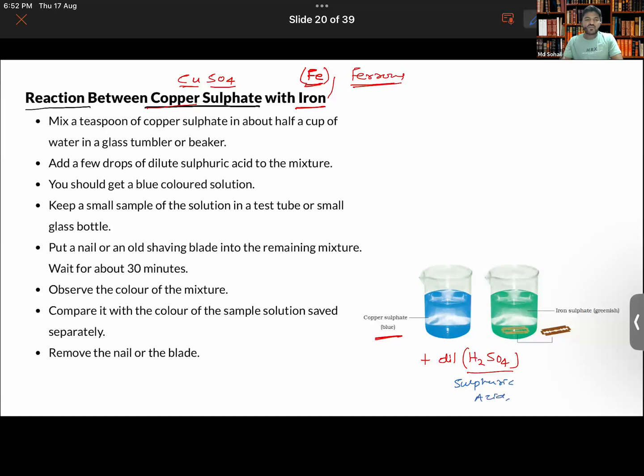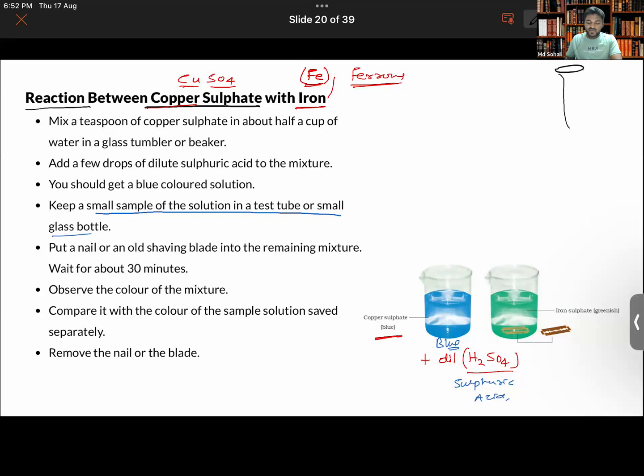So you have added a few drops of dilute sulfuric acid to this mixture. Now you can see that the mixture has become blue. Now keep a small sample of the solution in a test tube or a small glass bottle, so that we will be able to differentiate the reaction that has taken place from the original color of the solution.